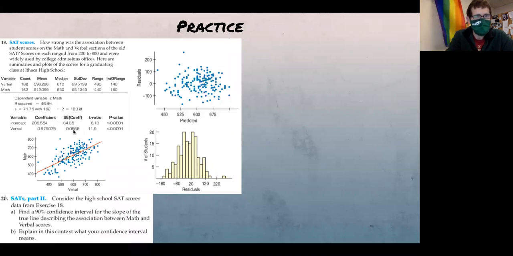The standard error is found right here. This is what we would have calculated, but it automatically gives it to us. And then we get our t ratio, which is our t value, and then our p value.